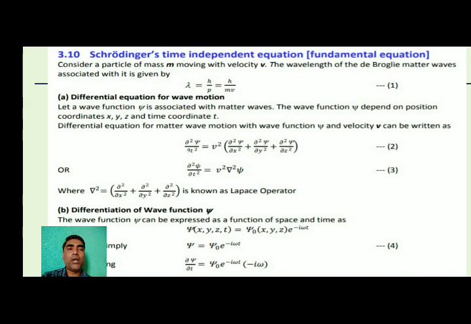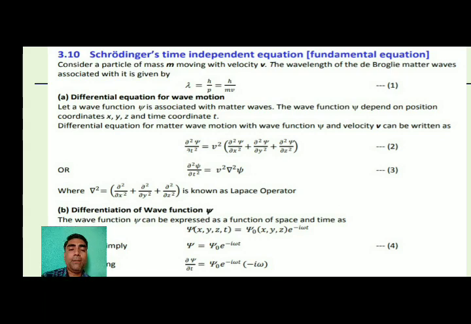But as this is a wave equation, we must know the general wave equations which are applicable to any kind of wave. If we want to study the motion or the dynamics of a wave, then the simplest kind of second order differential equation will help us to understand the wave motion, and that equation is related with the time coordinate and the space coordinate.